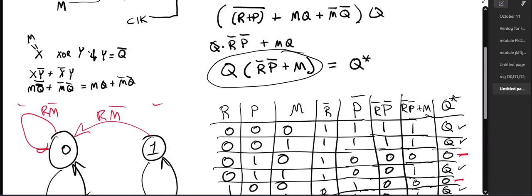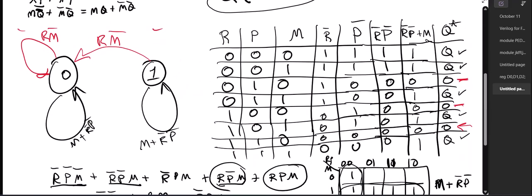But what I did was to say, well, if I wanted to make a state diagram, let me see what happens for all my possibilities for R, P, and M. And so my states are if Q equals 0 or if Q equals 1, and then what happens.